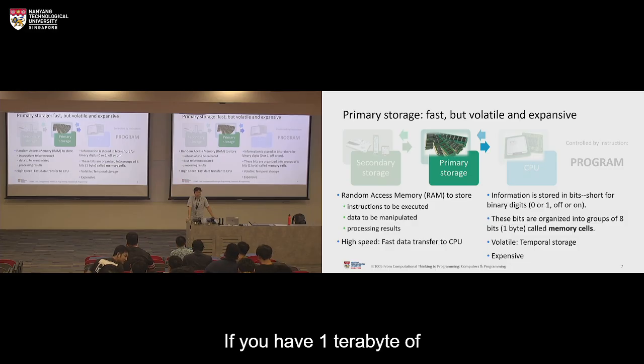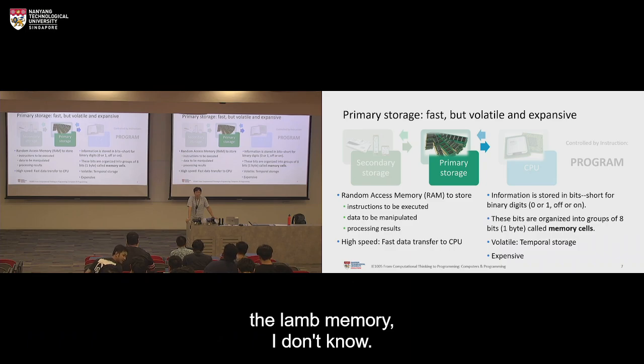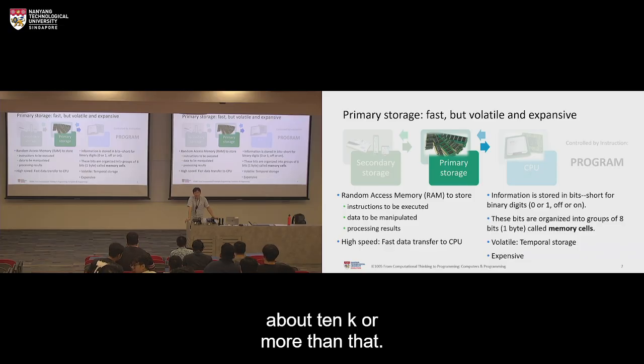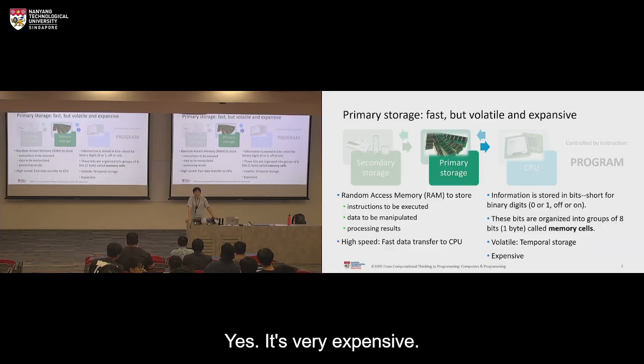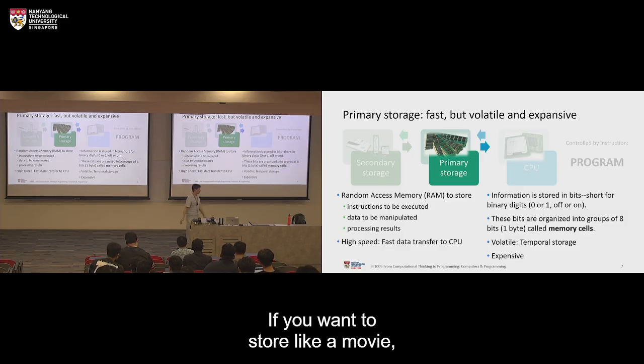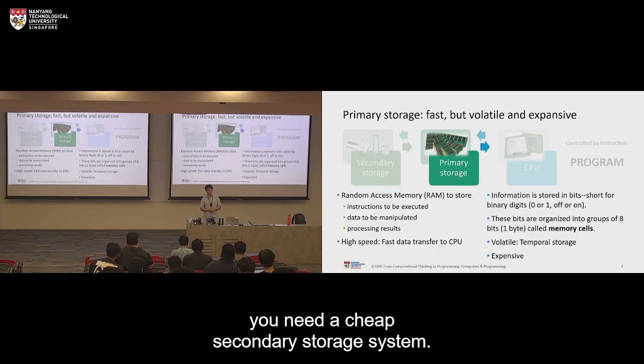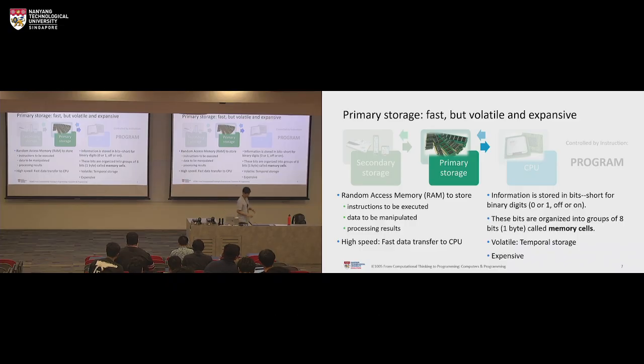If you want 1 terabyte of RAM, I don't know, you may have to pay about 10K or more. Yes, it's very expensive. So if you want to store something like a movie, a very big file, you need a cheap secondary storage system.